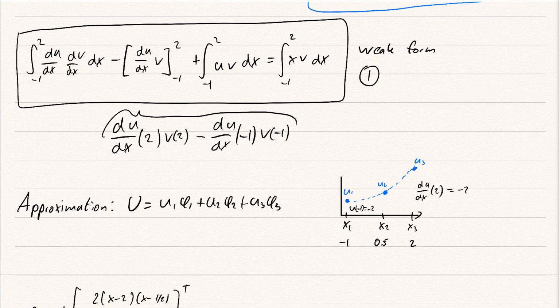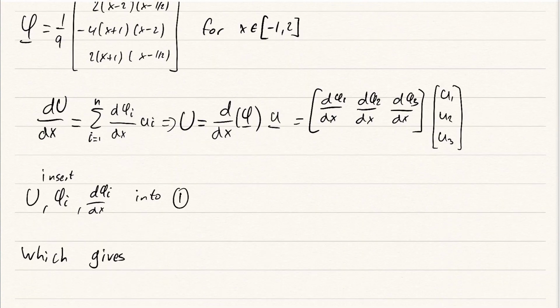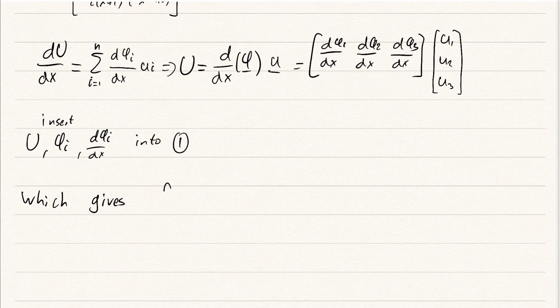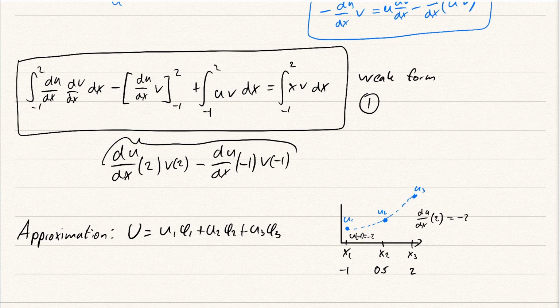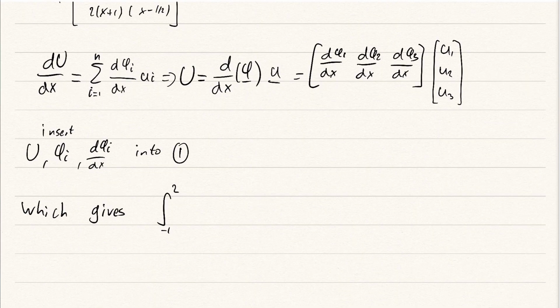We will end up with the integral from -1 to 2 of dU/dx, and just notice this mistake, so I'm going to correct that: dU/dx, and that's a scalar.